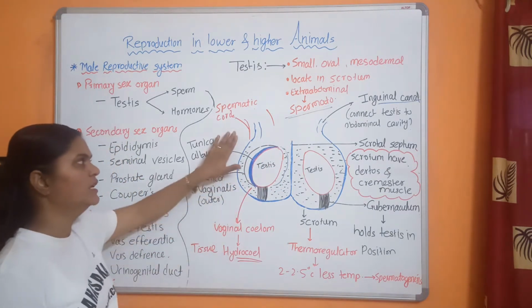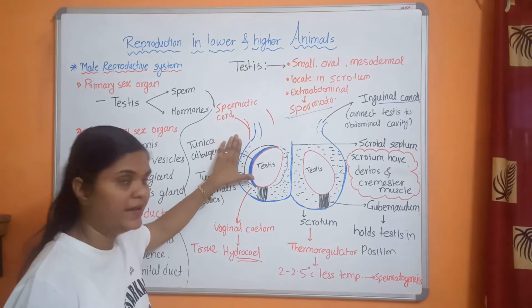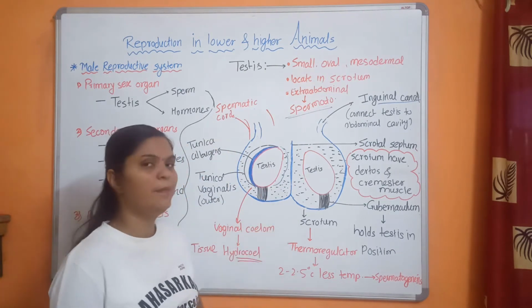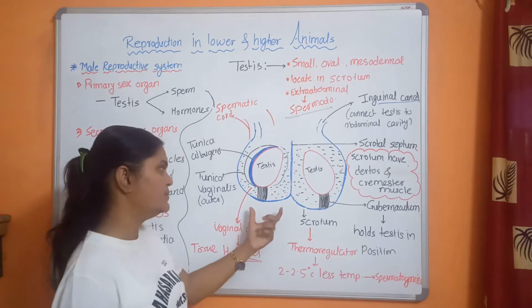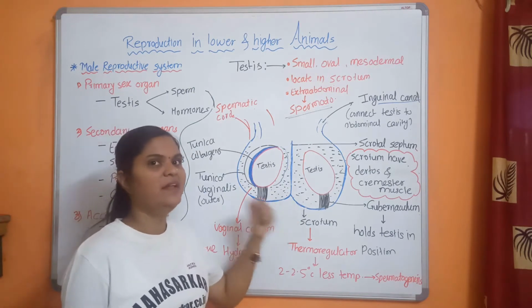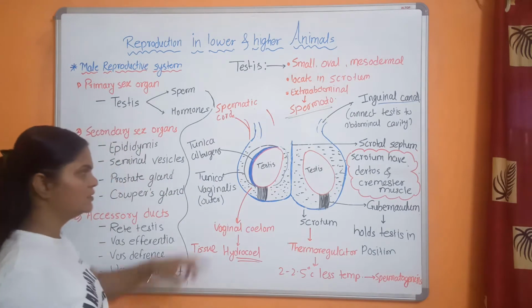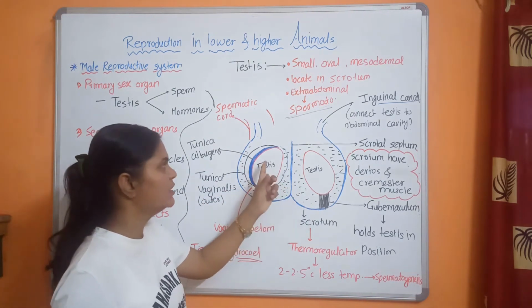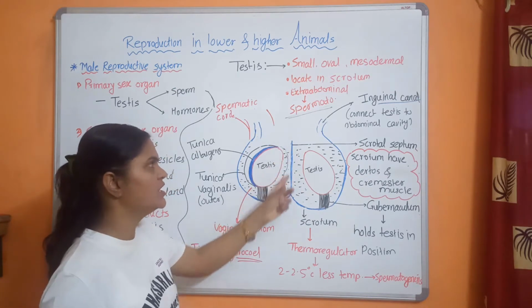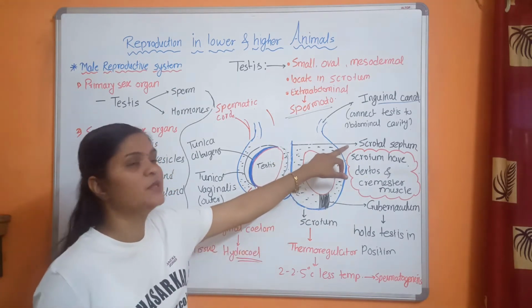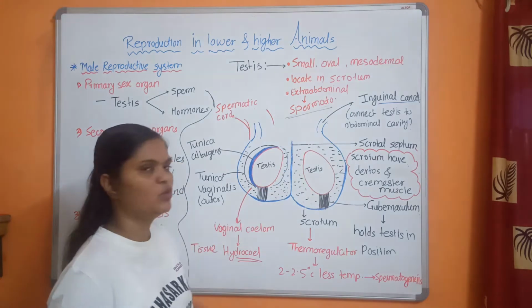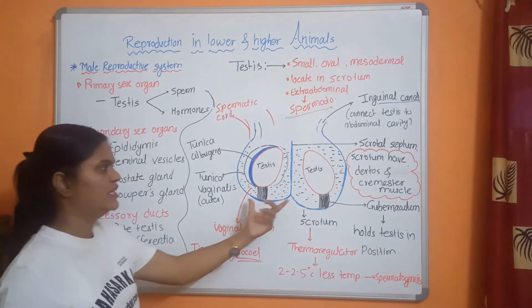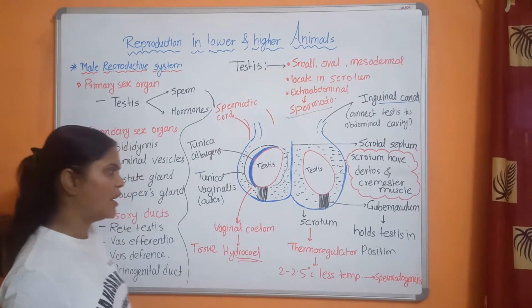Now the testes are located in the scrotum. So what is the scrotum? The scrotum is a pigmented pouch which is produced from skin and muscles. The scrotum has two pouches, which are separated from each other by the scrotal septum. Two testes descend into these two scrotal pouches.